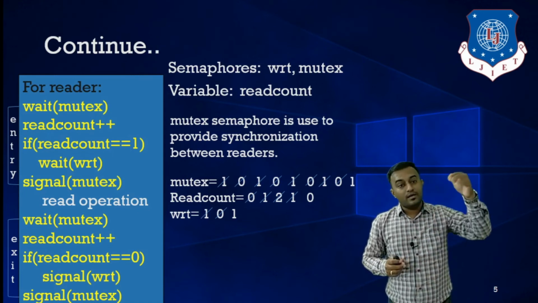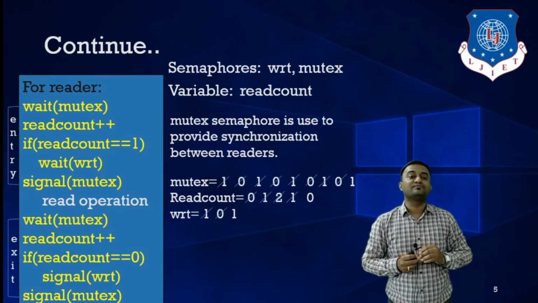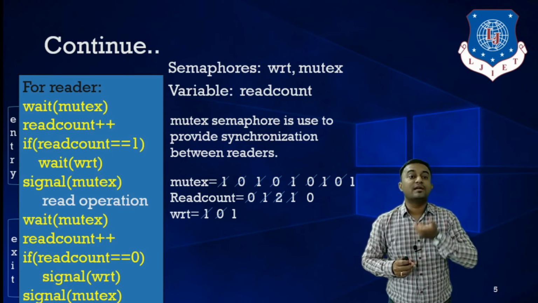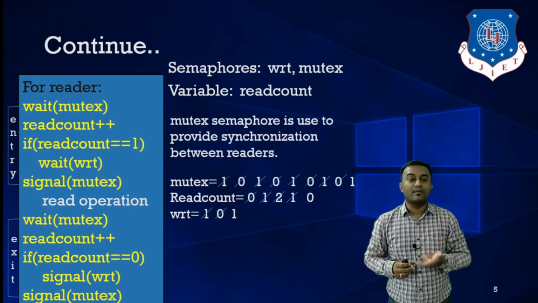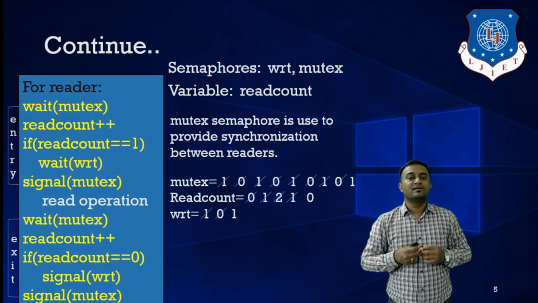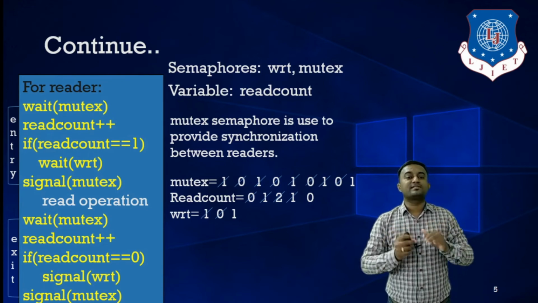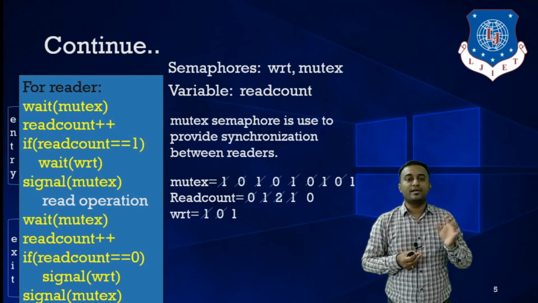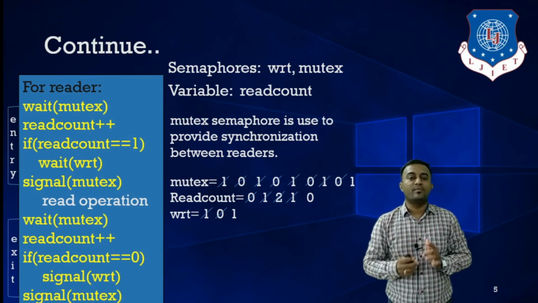When a reader tries to enter into the critical section, the value is incremented by 1, because this read count variable is responsible for managing the updated number of readers trying to access the critical section. Once this statement is executed, the value is 1 instead of 0.